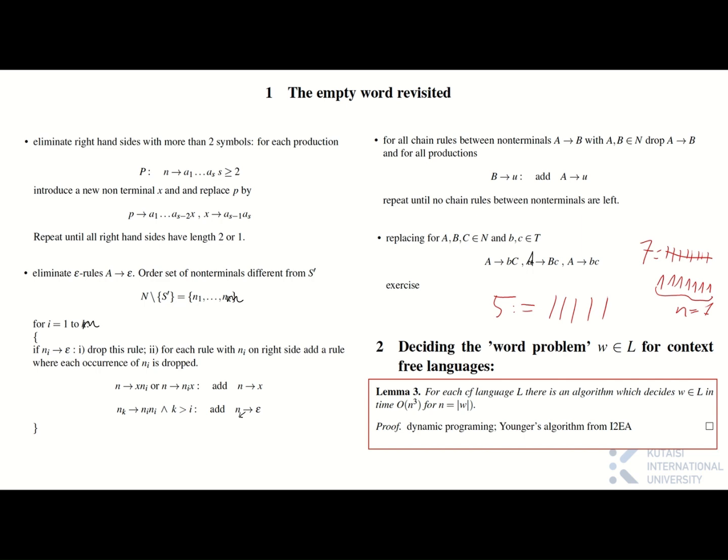So maybe I can go through all possible trees somehow and find if my word has a derivation. And how would one use Chomsky normal form to make the algorithm faster? You do not have to go through all possible sons, rather only 2. Anyways, we're not going to do this proof.